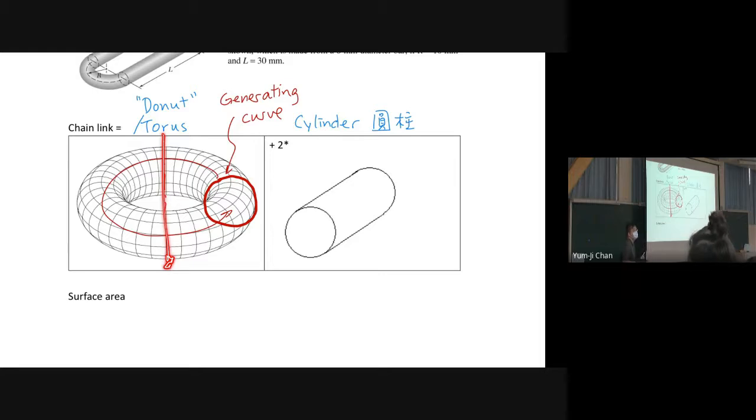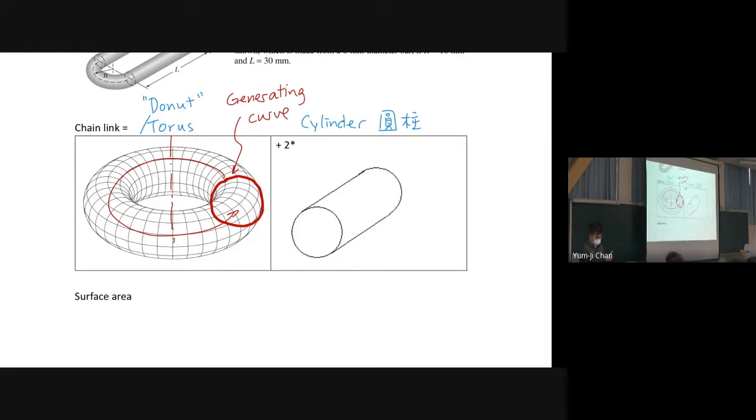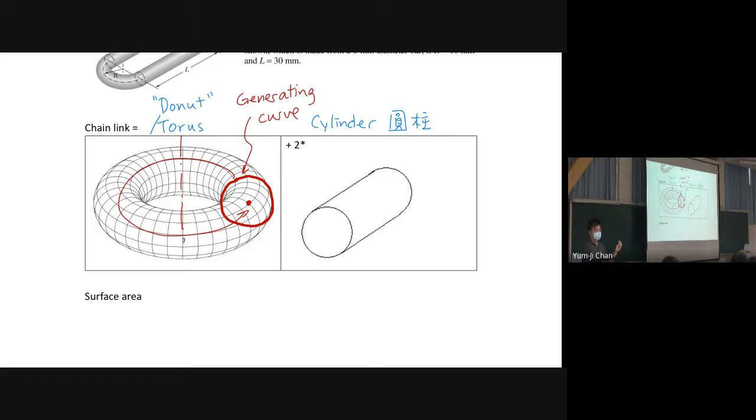Now, where is the centroid of the generating curve? Of course, it is in the center of the circle, right?